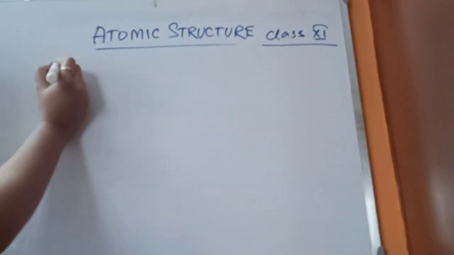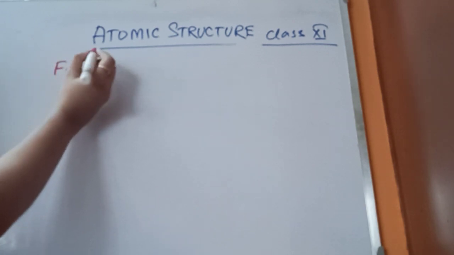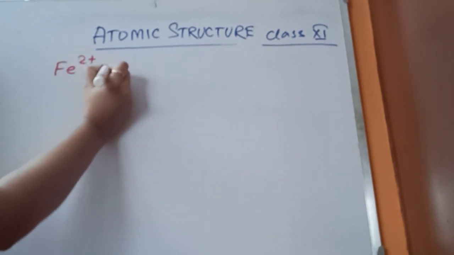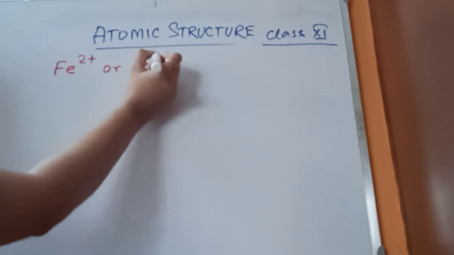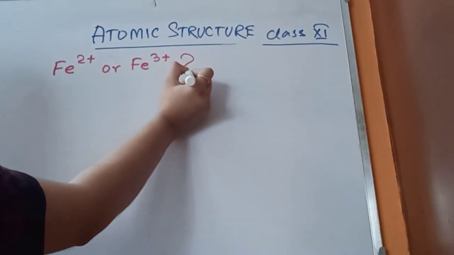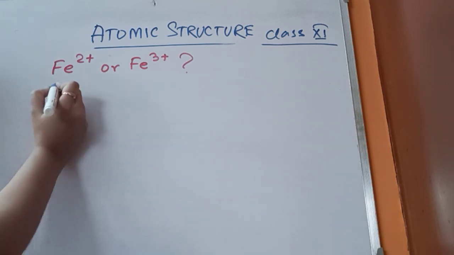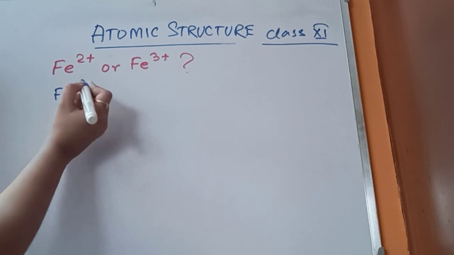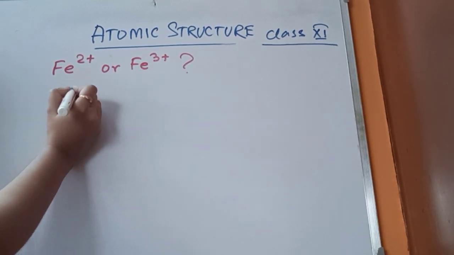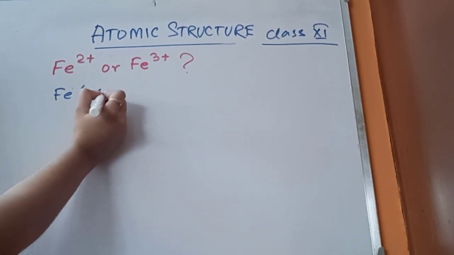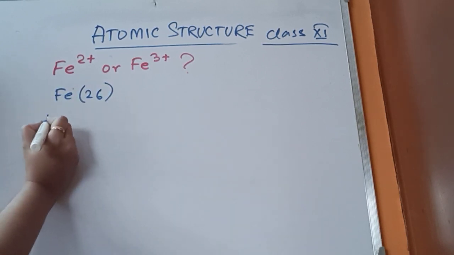The question is, which one is more stable, Fe2+ or Fe3+? For doing this, first we need to find out the electronic configuration of Fe. Iron is having an atomic number of 26.